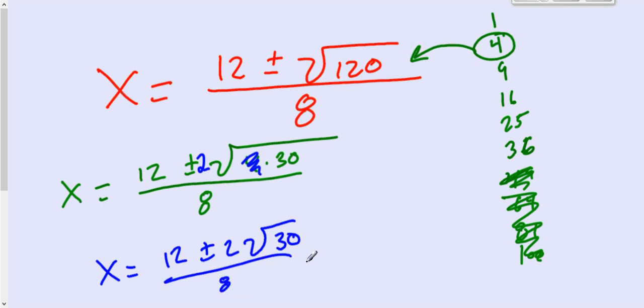We have to make sure that we still can't do anything more with 30. 4 doesn't work, 9 doesn't work, 16 doesn't work, 25 doesn't work. So none of them work after that. We are simplified. 2 goes into all three of the numbers outside the radical. So the final answer would be 6 plus or minus the square root 30 all over 4.